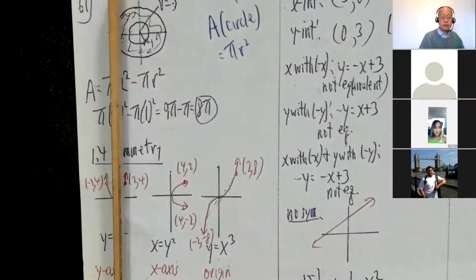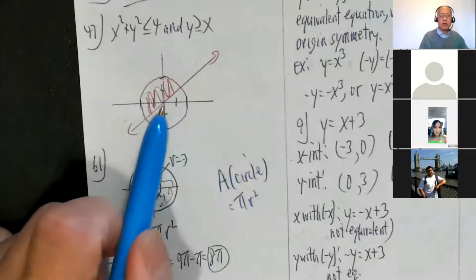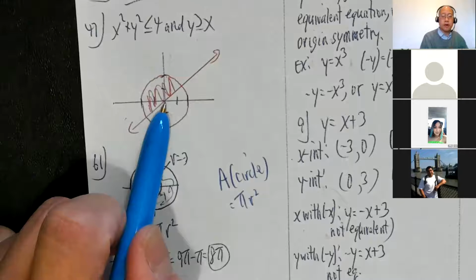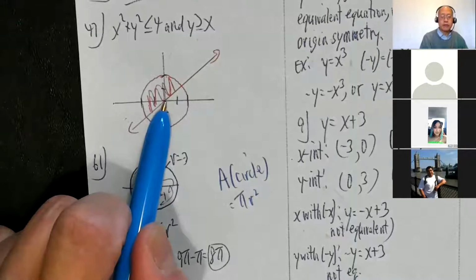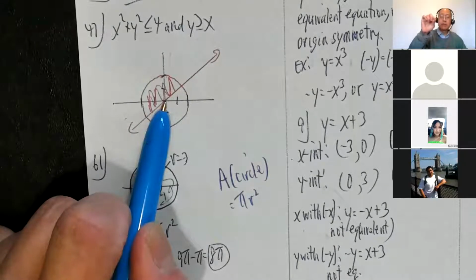Question about if you're already at the origin. If you reflect across the y-axis, you're still at the origin. If you reflect across the x-axis, you're at the origin, and if you reflect across the origin, you're still at the origin. So if all you have is the origin, then it exhibits all three symmetries.